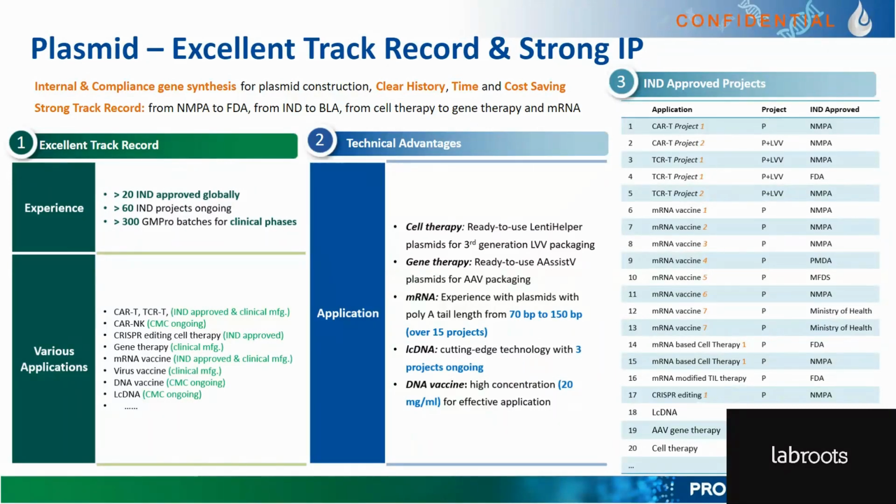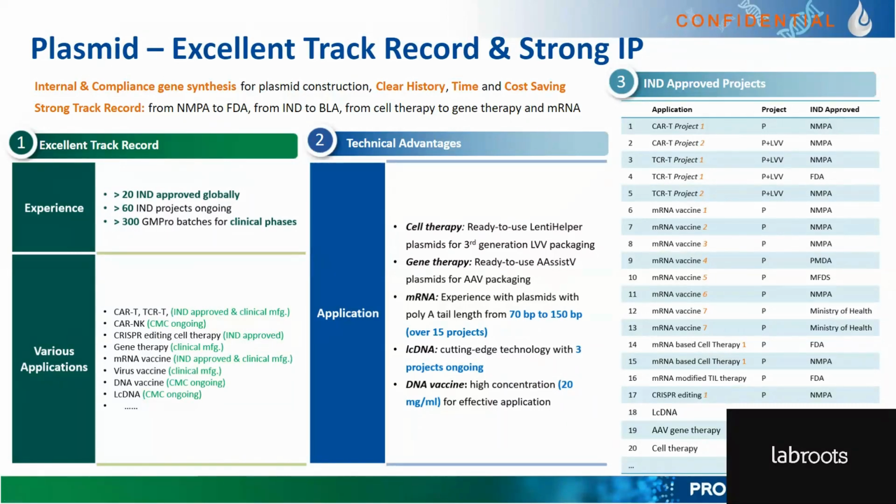We have also completed over 300 good manufacturing practice batches for clinical phase, covering a wide range of applications throughout cell therapy, gene therapy, and vaccines. As a technically strong vendor, we offer a range of advantages, including a ready-to-use lenti-helper plasmid for third-generation LVV packaging for cell therapy. And we also provide a ready-to-use AAV plasmid for AAV packaging for gene therapy.